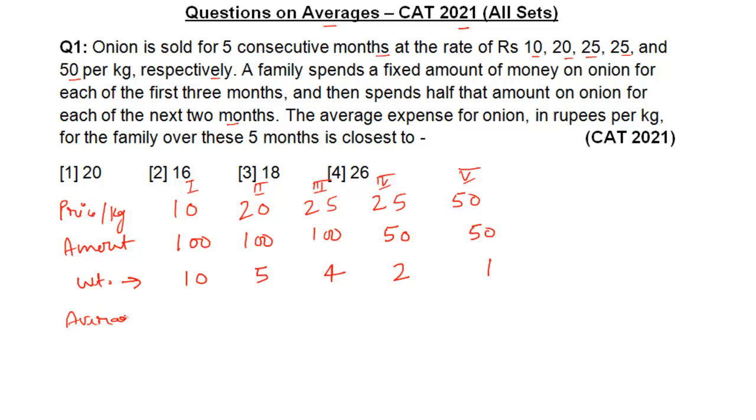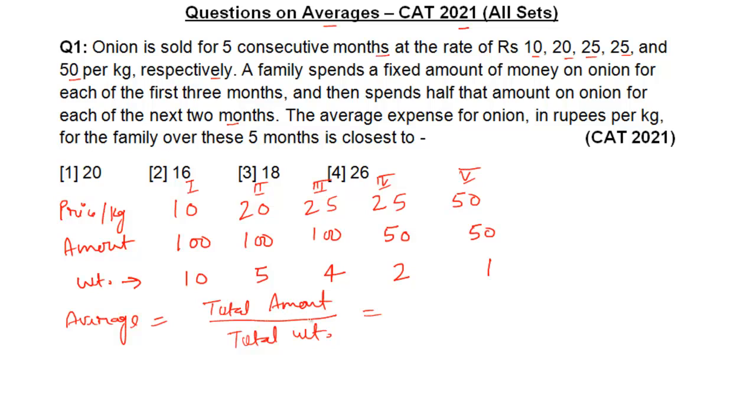Average expense of onion in rupees per kg for the family over these 5 months is equal to total amount spent divided by total weight, right?